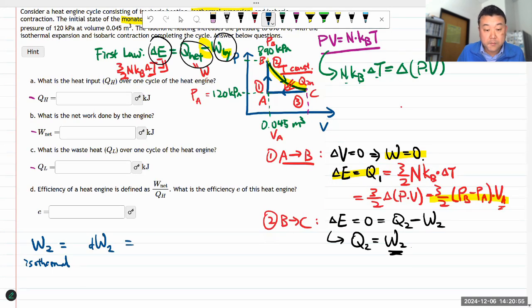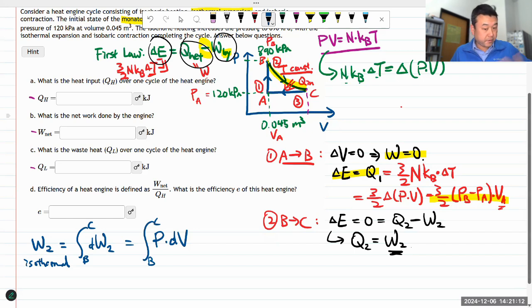So that's going to be the pressure times an infinitesimal volume change, integrated over the whole process. So here, let me just be correct and say it's going to be from B to C. So this is the schematic representation of what we are doing.